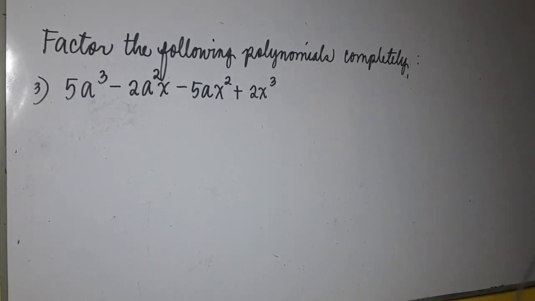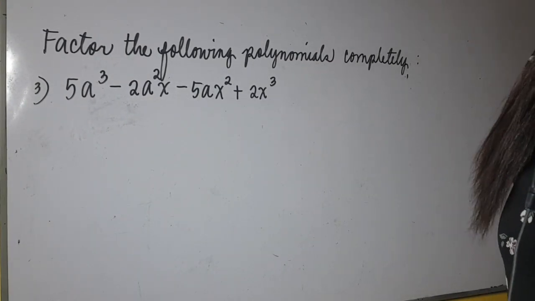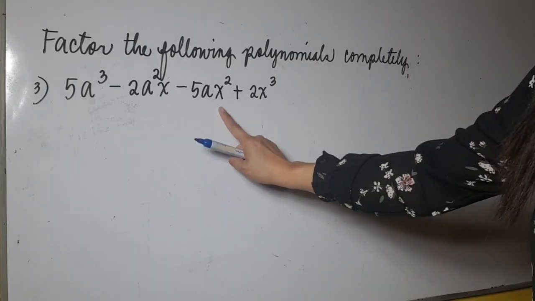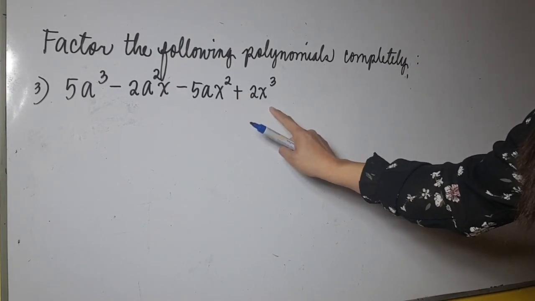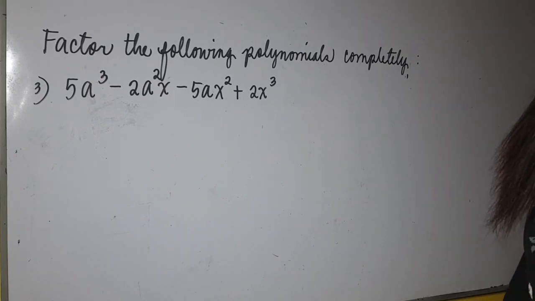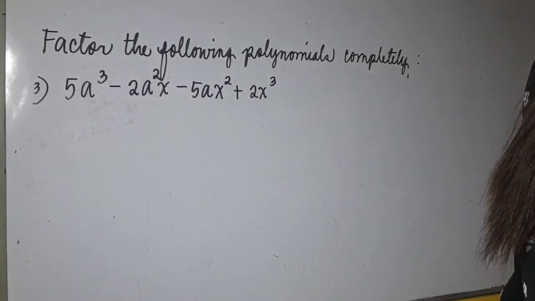Okay, so let's try another example. Factor this polynomial: 5a cubed minus 2a squared x minus 5ax squared plus 2x cubed. You will notice that this polynomial consists of 4 terms.